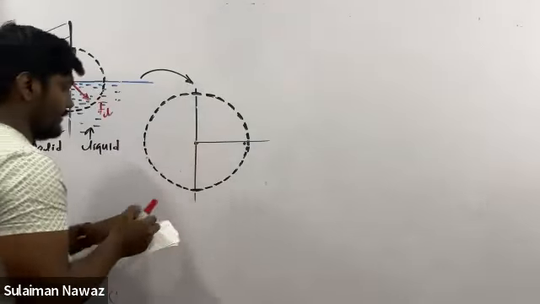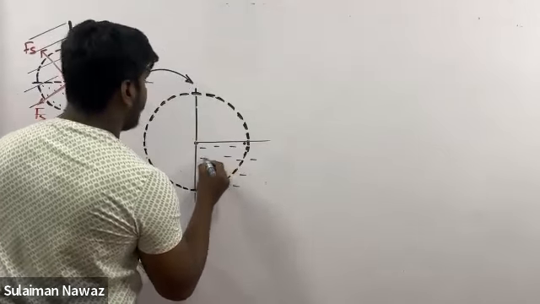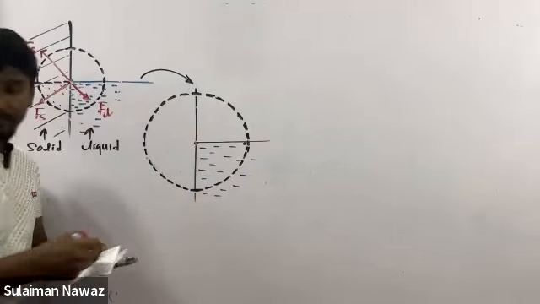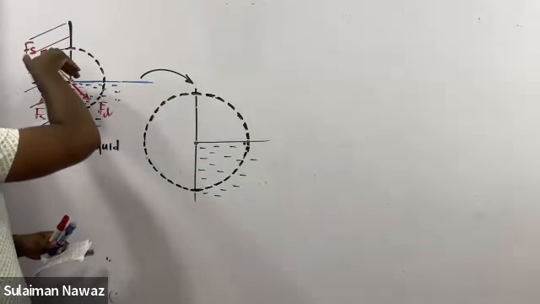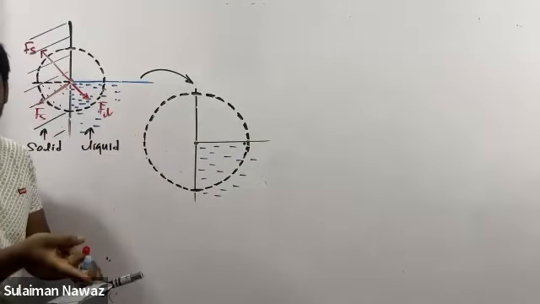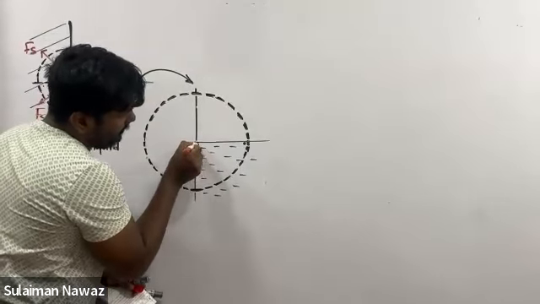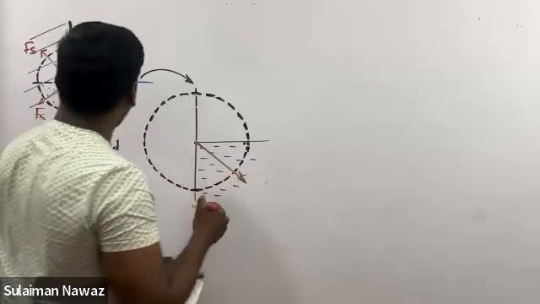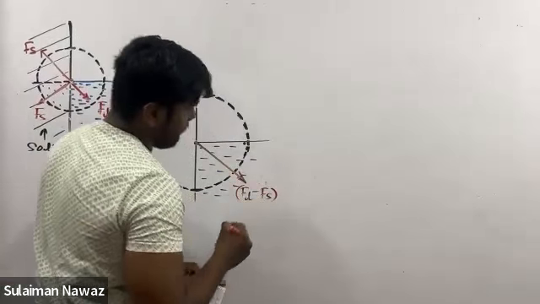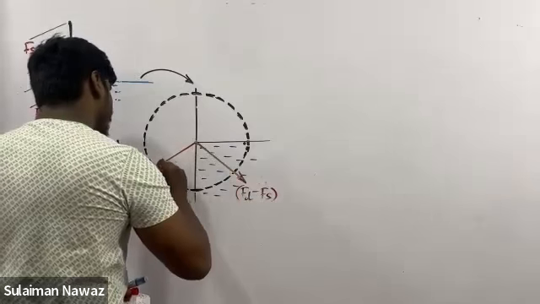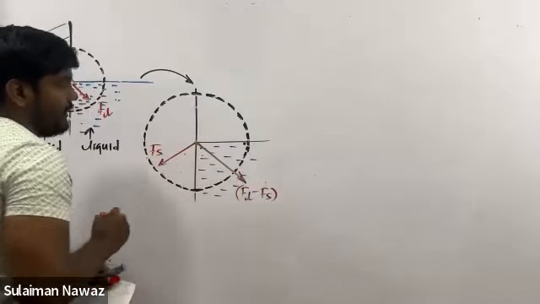Then solid, liquid. Now, when I consider Fs, Fl, and the resultant of Fs and Fl, I will say that in this direction it is Fl minus Fs, and this one is Fs, at 45 degrees, 45 degrees.